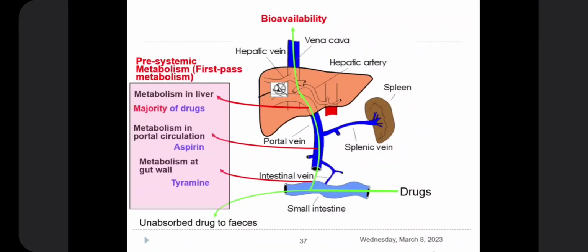We give the drug by oral administration, and it goes through the GI tract. Some is unabsorbed and becomes feces, and some will be absorbed into a vein. What vein? The portal vein, from the intestine to the portal vein, and then it reaches the liver.